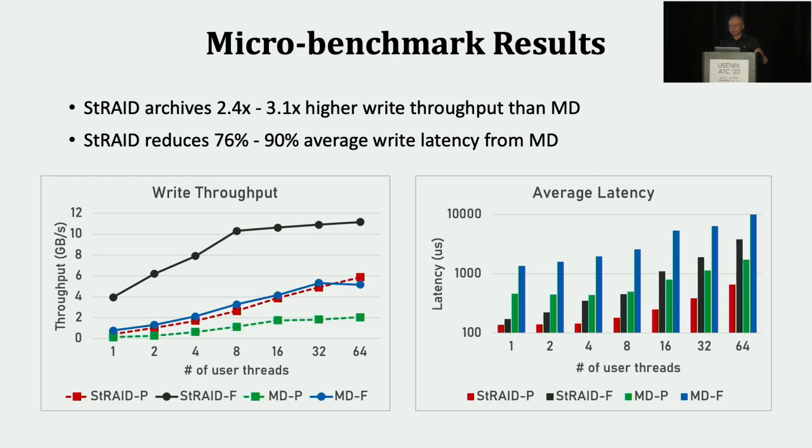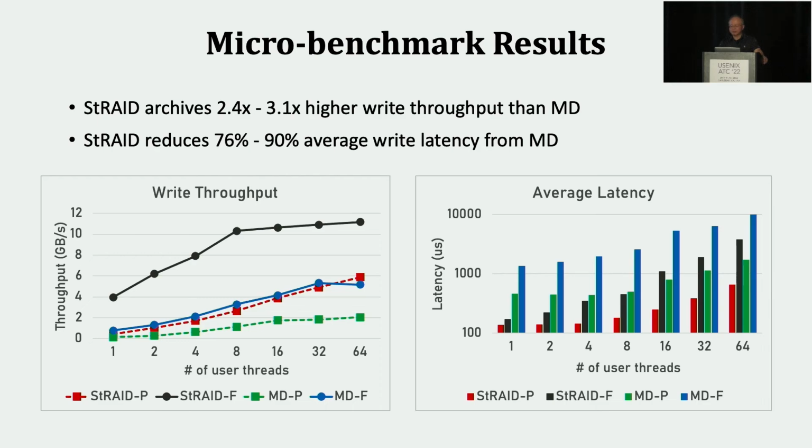It indicates that StRAID can effectively reduce the overhead of handling stripe states, thus scaling better than MD with highly concurrent and intensive workloads. The right figure indicates the average request latency of StRAID and MD, which also shows the notable advantage of StRAID over MD. Moreover, StRAID does not affect read performance, and the average read throughput difference between MD and StRAID is less than 5%.